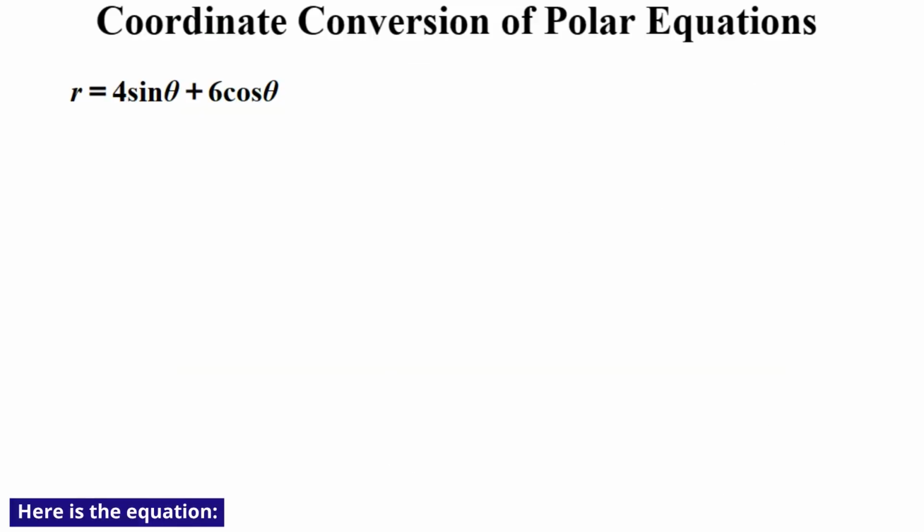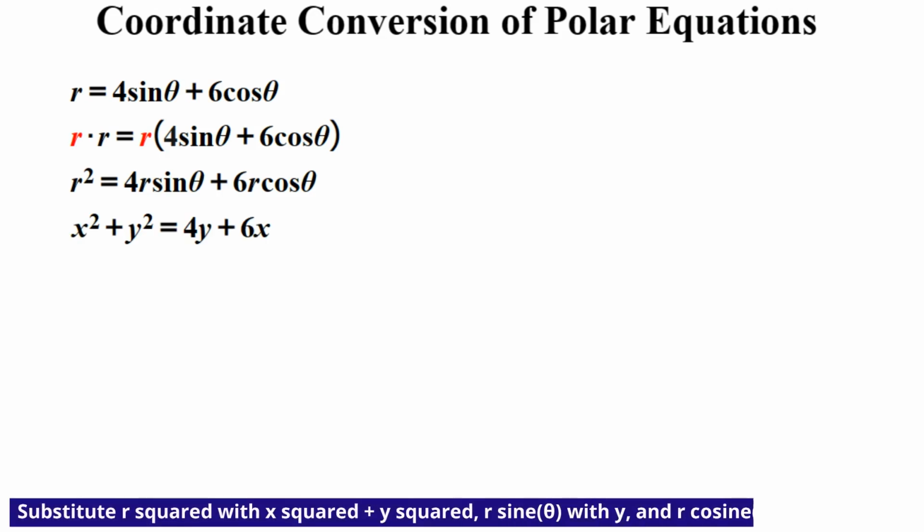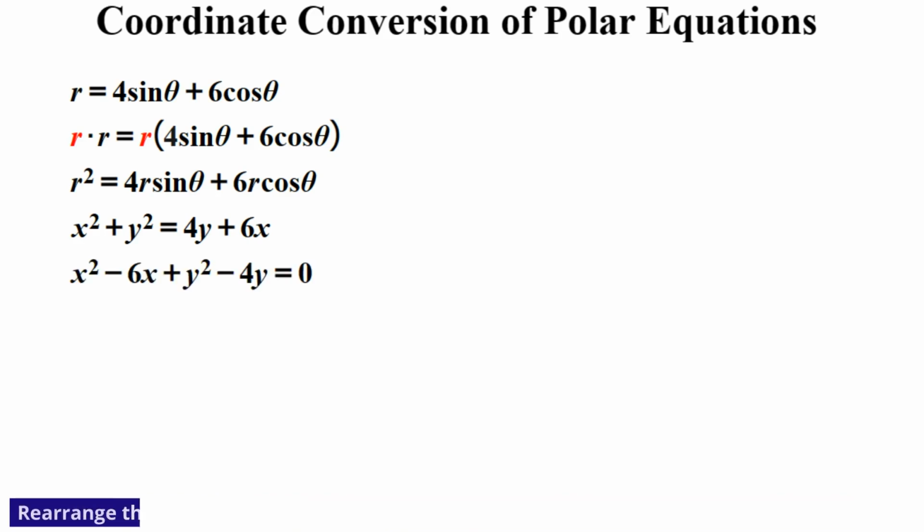Here is the equation. Multiply both sides by r. Substitute r squared with x squared plus y squared, r sine theta with y, and r cosine theta with x. Rearrange the equation.